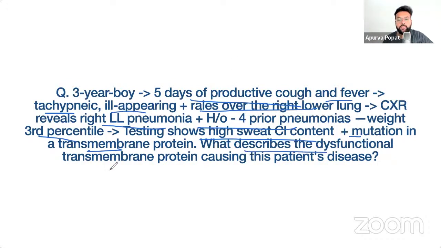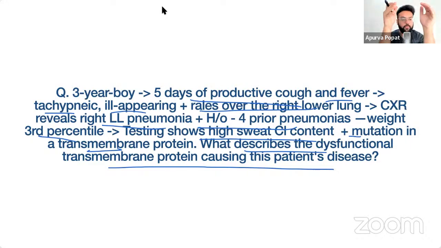What describes the dysfunctional transmembrane protein causing this patient's disease? Now you tell me, the protein here, the CFTR protein, the transmembrane protein of the chloride channel, what is it called?